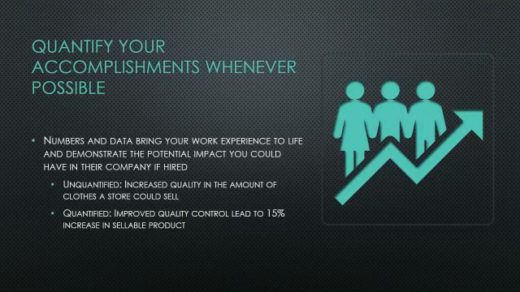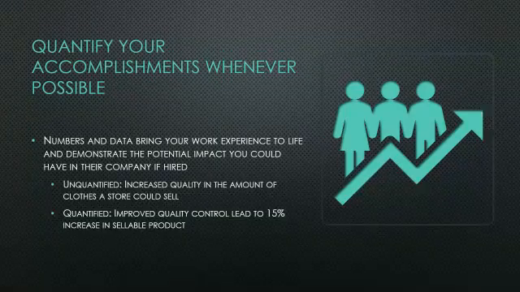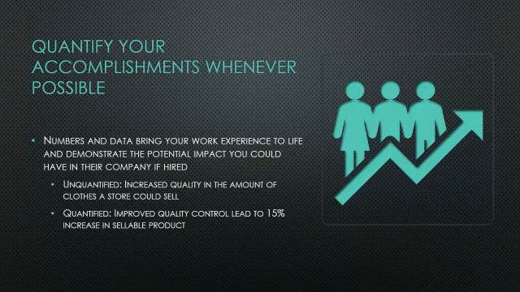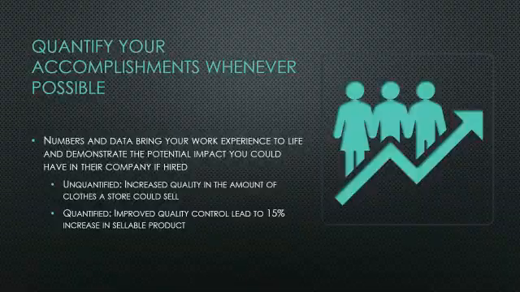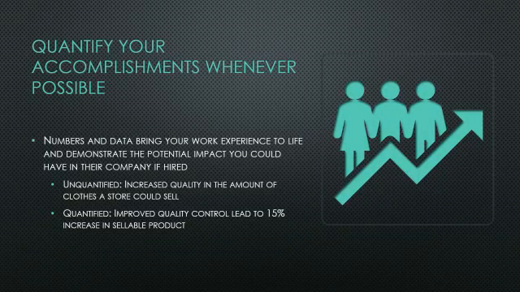Well, when you're sending that out to a retail client that you're trying to get in with, 15% increase in sellable product, that's more money in our pockets. That's what they're going to look at. So you really got to be able to quantify what you're doing. You want to add value to it.